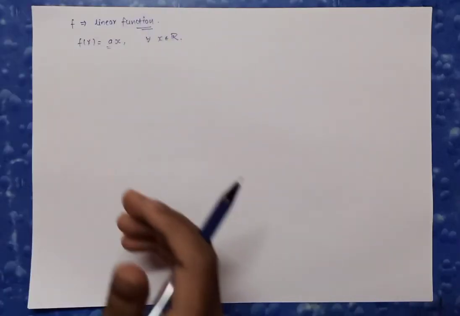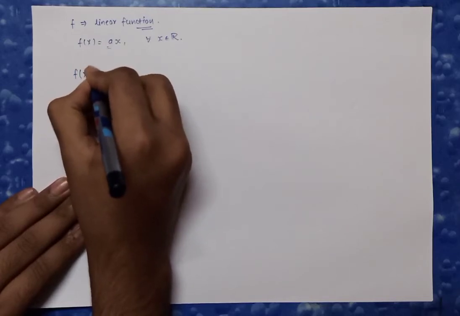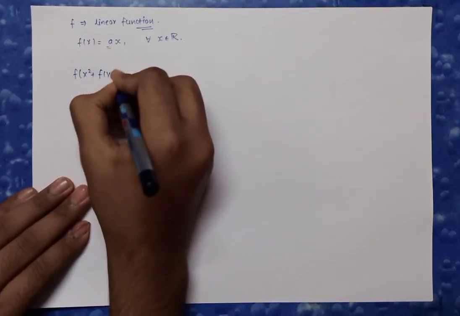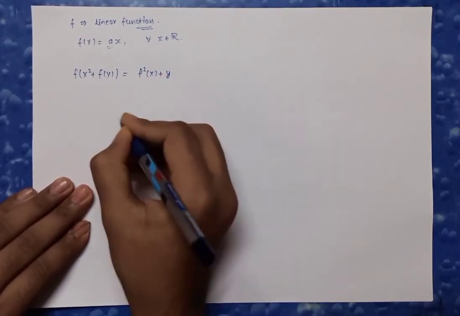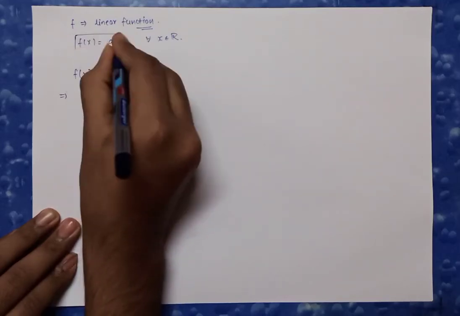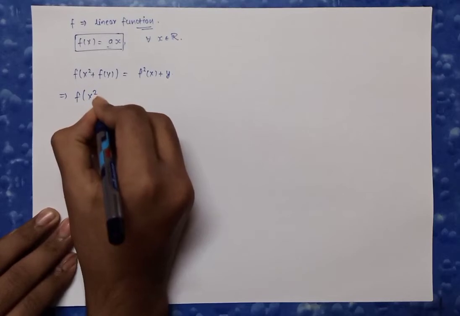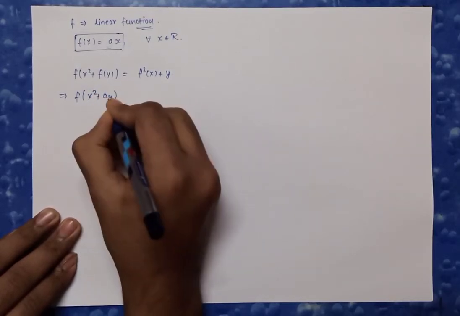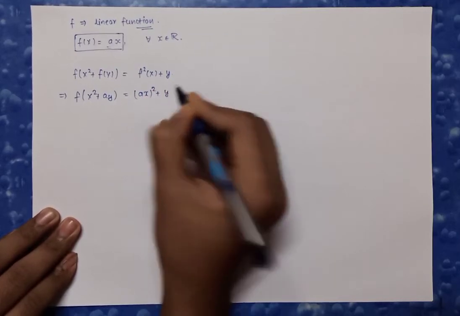I am writing the mother equation once again here. Our equation was x square f of x square plus f of y equals to f square x plus y. Now if I make use of what we had concluded, I can write it as f of x square plus ay equals to ax whole square plus y.